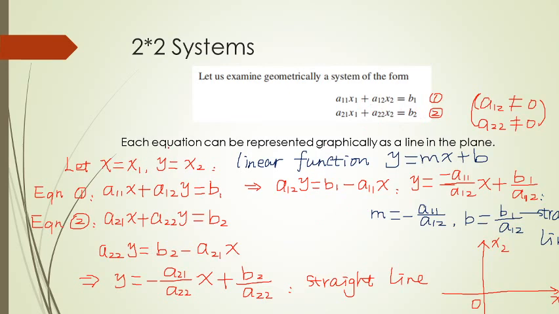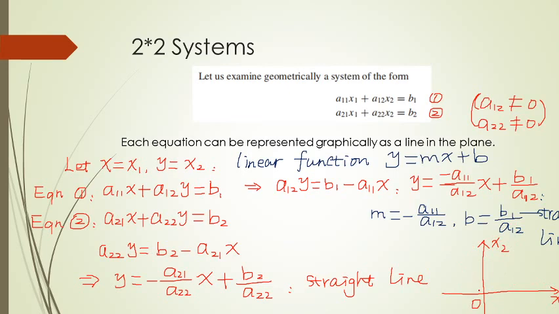So here, each equation can be represented graphically as a line in the plane, as a straight line. Of course, generally they are two different straight lines. They might intersect with each other or not. So generally there are two straight lines in these x1, x2 planes.